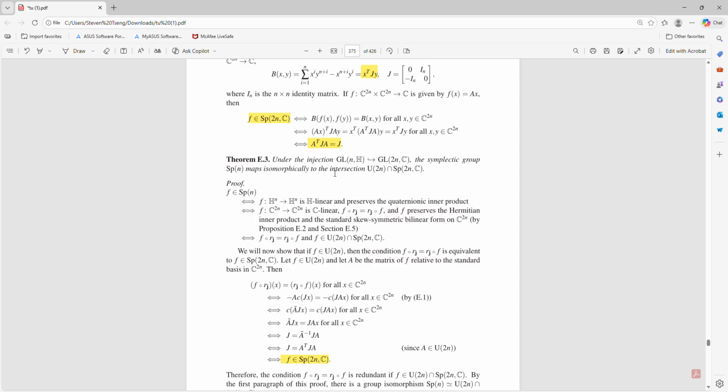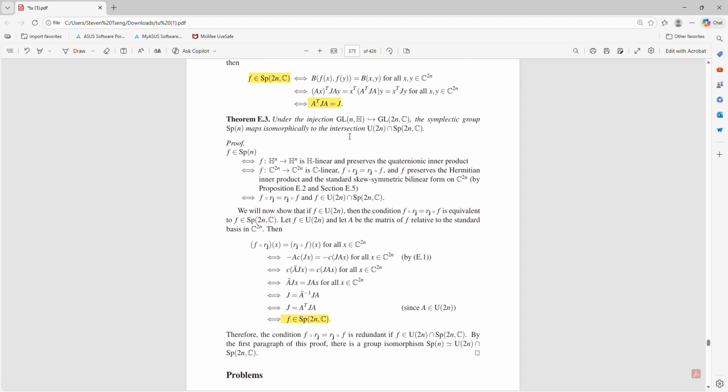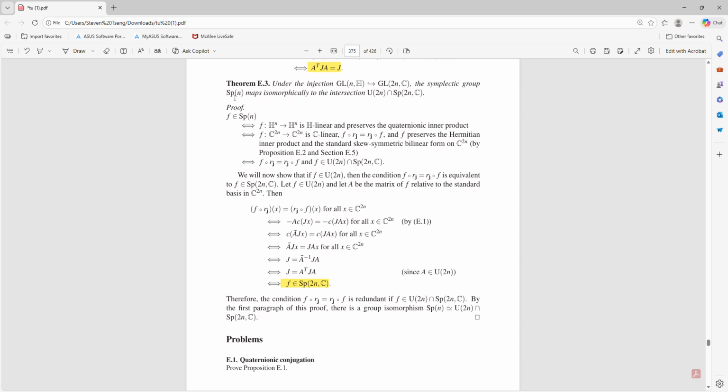This theorem says that the symplectic group Sp(n) is isomorphic to the intersection of the unitary group of dimension 2n and the symplectic group of dimension 2n over the complex numbers, and we give a proof.